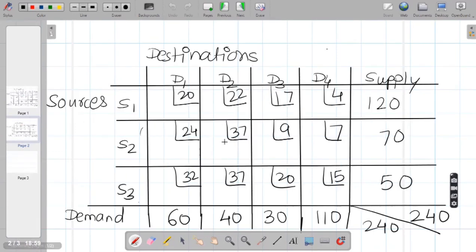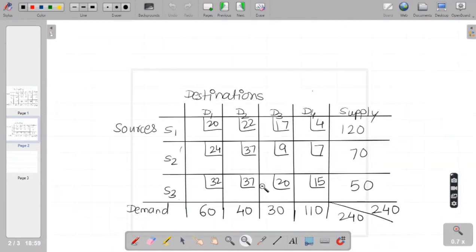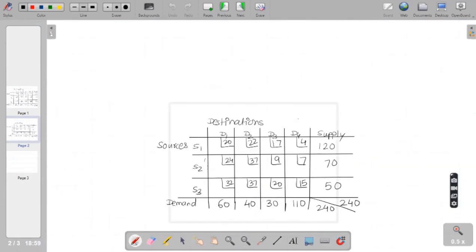So we want to calculate now the penalties, the row penalties and the column penalties. So this is the first step to proceed with VAM, that you calculate the row penalties and column penalties. So I'm calculating the penalties here.